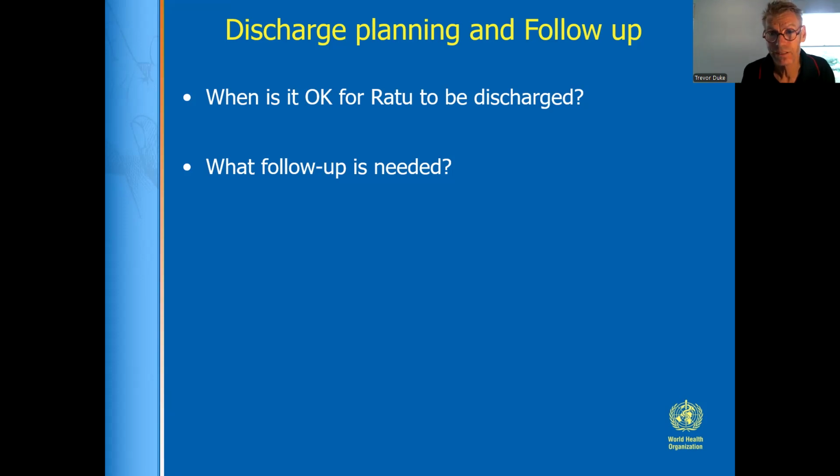You should think about it the day after they're admitted and think, what does this child have to do before he or she can get home? And then you should think to yourself during the admission, what follow-up does this child need? Almost all children need some sort of follow-up, whether it's nutritional follow-up, whether it's follow-up for complications of their disease, whether it's lots of different reasons for follow-up. We'll go through this with Ratu.